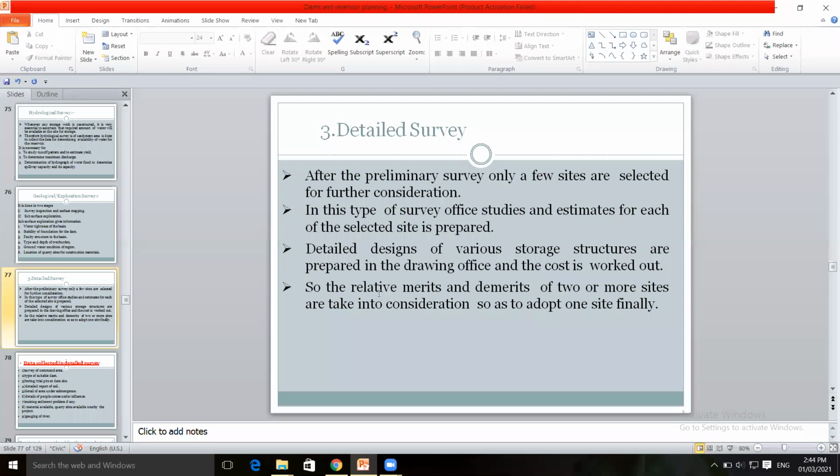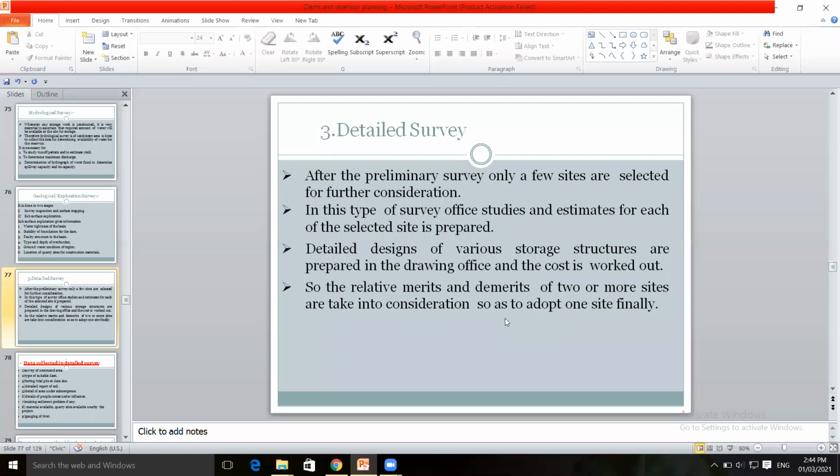Then various merits and demerits are studied. Which type of site is more advantageous, which gives more benefits, that site is selected. And finally, only one site is finalized.